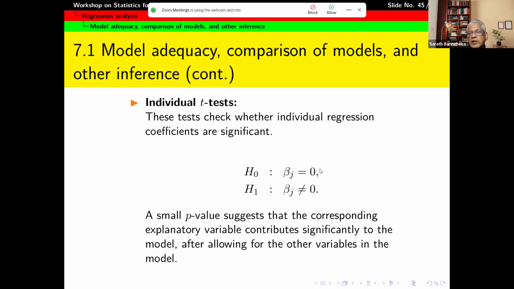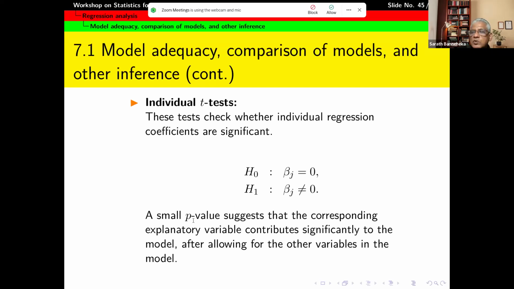So this is another part that is automatically given in the computer output when we fit a regression model. So the first one is the overall F test output, and the second one is usually the individual t-tests. Right. It will give you the fitted coefficients, and also test whether the population parameters, the coefficients, are 0 or not. So for each, you will have a p-value.